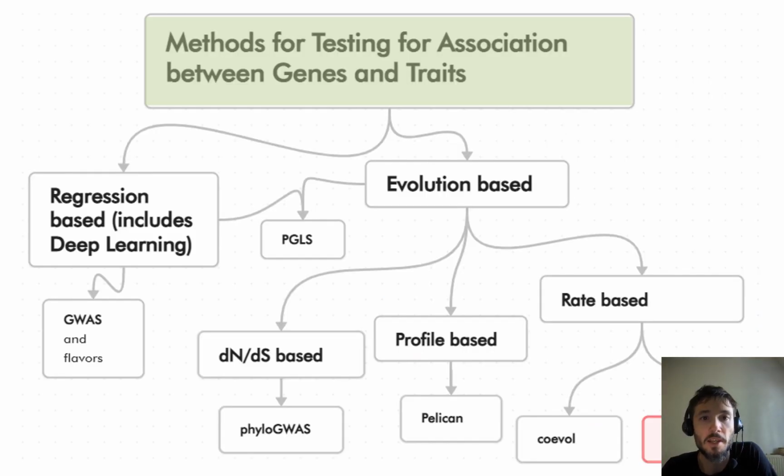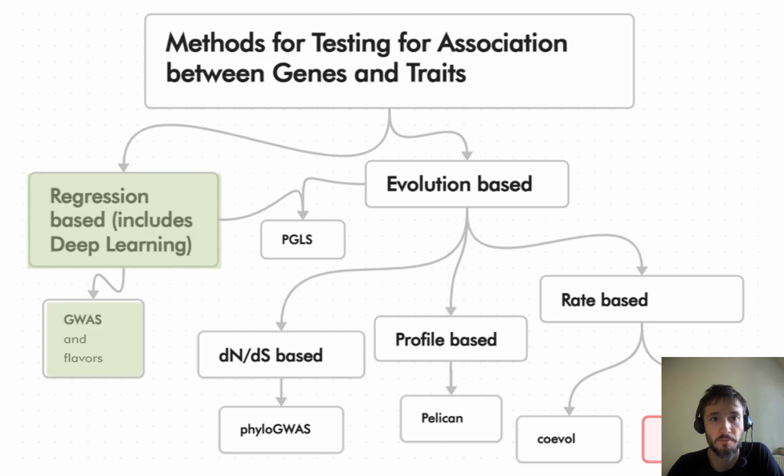Many approaches have been proposed to test for association between genes and phenotypes. The veteran of the group is GWAS, Genome-Wide Association Study. It's a regression method from biomedicine and relies on the assumption that the samples are IID.